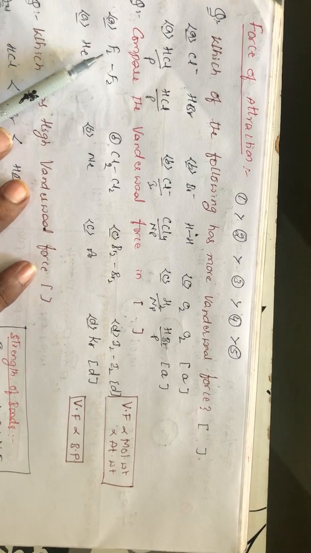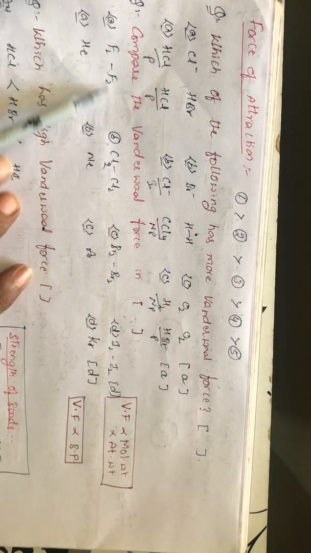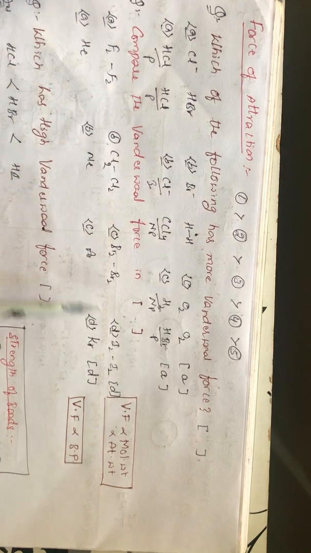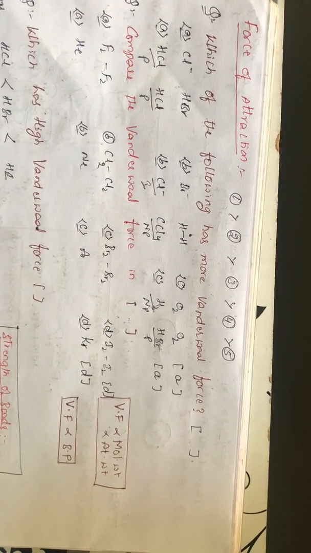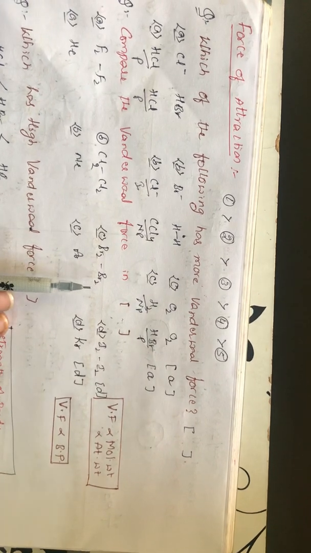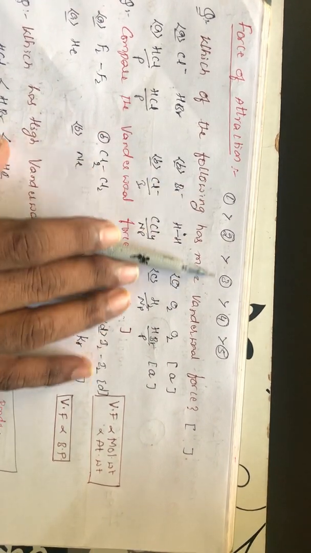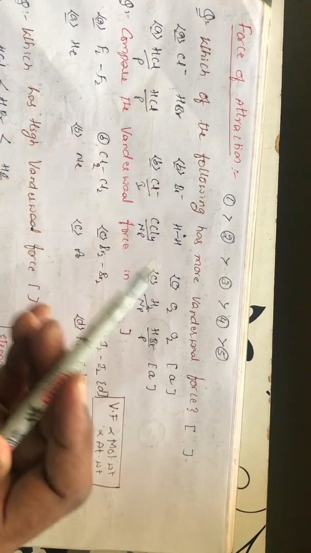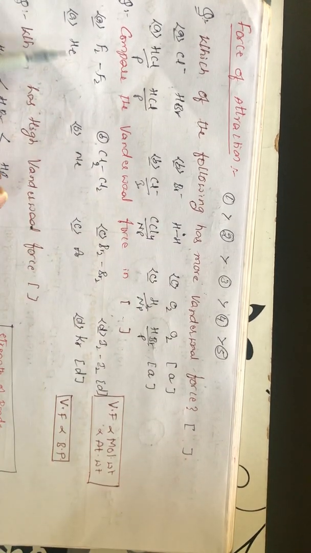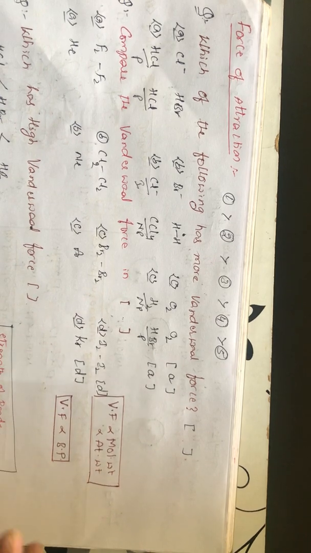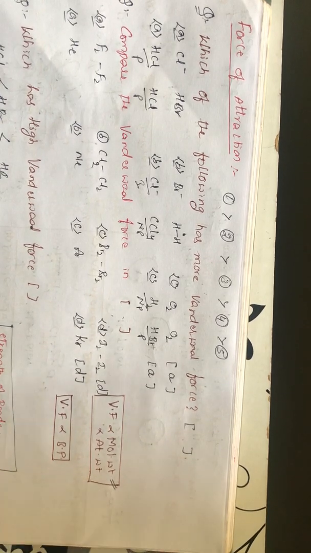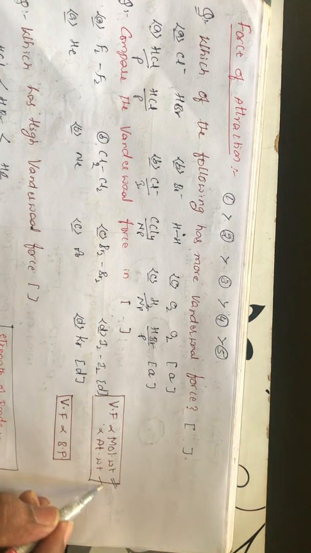Suppose you are having non-polar molecules like F2, Cl2, Br2, I2, all are non-polar only. You can't differentiate them. Whenever it doesn't come into this order of five, and all the molecules are non-polar only, then how will you decide? Then you go for molecular weight or atomic weight, whichever is more.